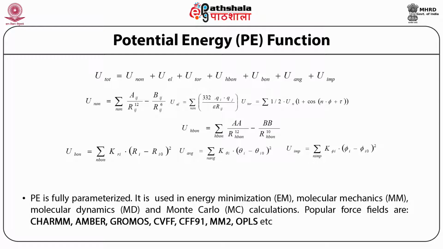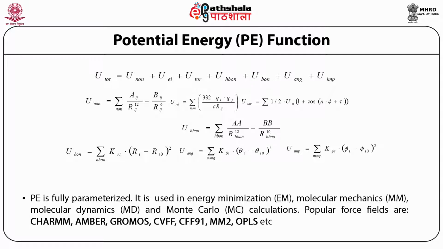Like, for example, the non-bonded potential is typically known as the Lennard-Jones 6-12 potential, given as A by R to the power 12 minus B by R to the power 6.